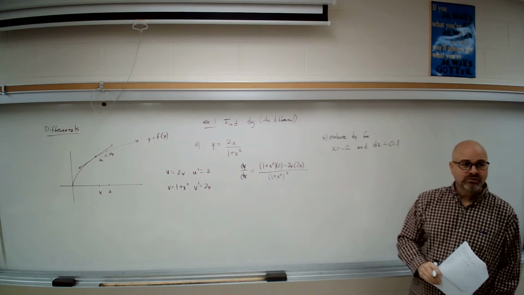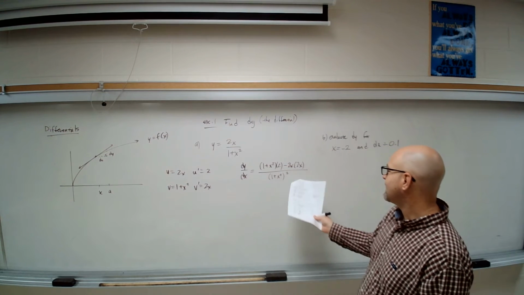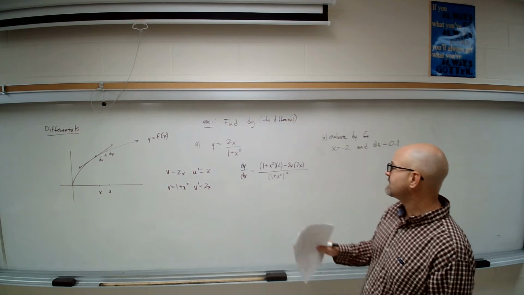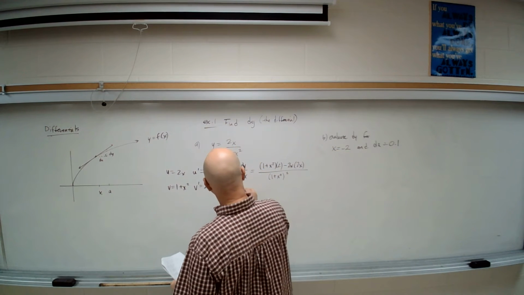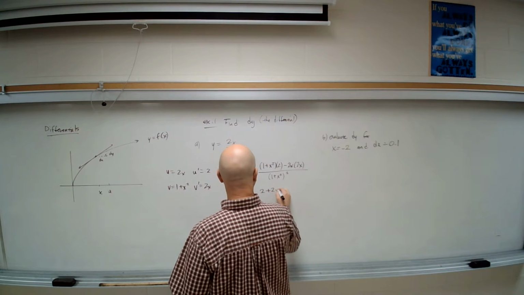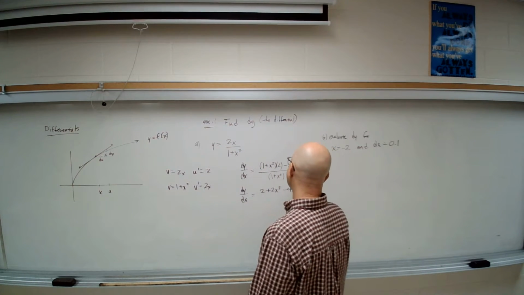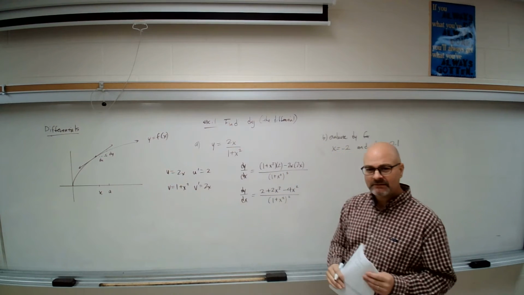Again, just using our quotient rule there. And we simplify this. That's a minus 4x squared, that's a 2x squared, that's a 2. So dy over dx is 2 plus 2x squared minus 4x squared over 1 plus x squared squared.